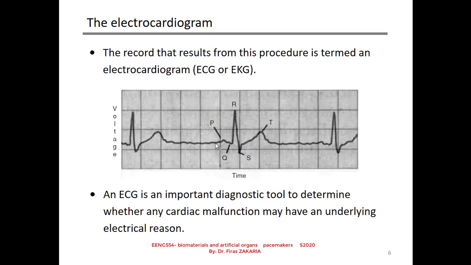So the P wave indicates atrial depolarization, the QRS represents ventricular depolarization. The QRS complex starts just before ventricular contraction. At this point, the Q wave starts the ventricular contraction.